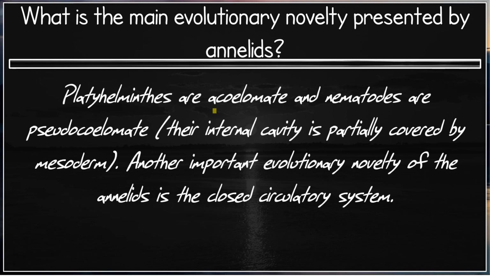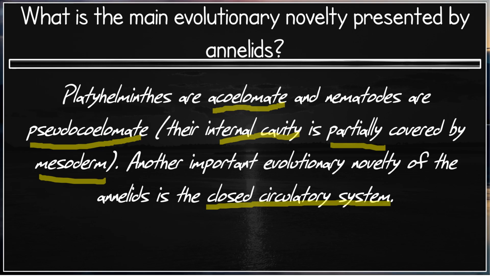Platyhelminths are acoelomate, and nematodes are pseudocoelomate. Their internal cavity is partially covered by the mesoderm. Another important evolutionary novelty of annelids is the closed circulatory system.